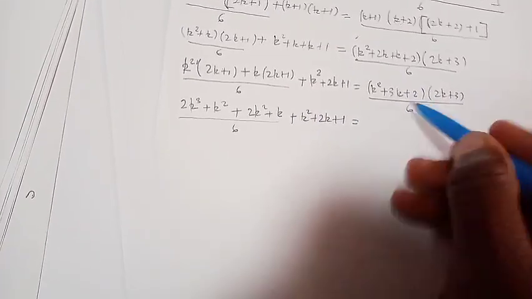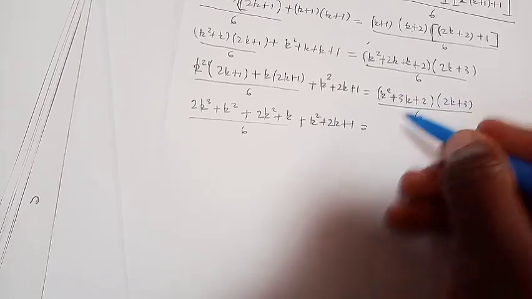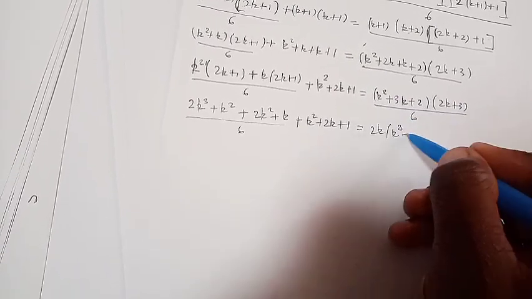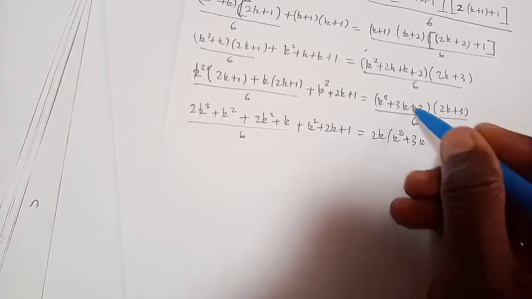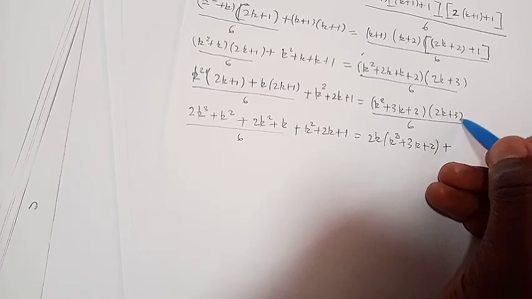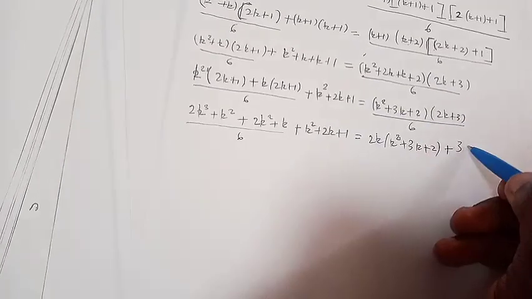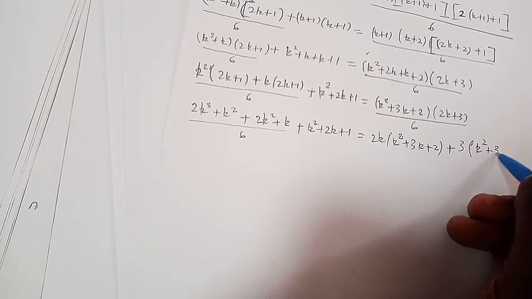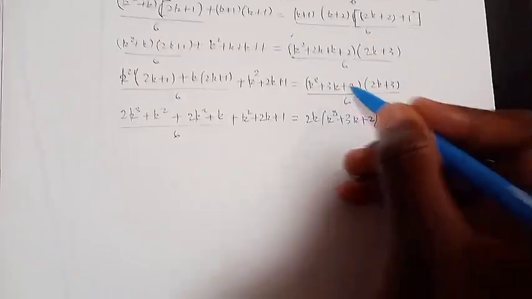And then if I come over this side now, I want to multiply this with this, so I say 2k multiplied by k squared plus 3k plus 2, plus 3 multiplied by again this whole expression, k squared plus 3k plus 2.